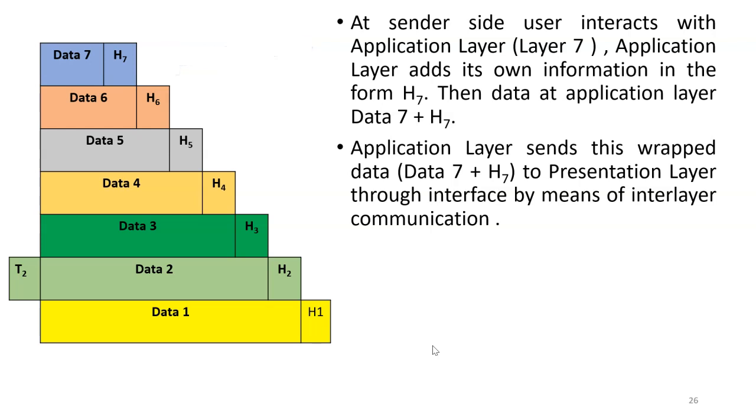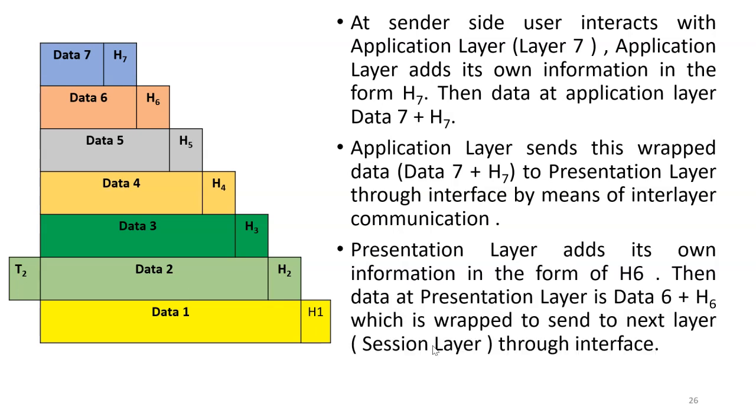Now the application layer wraps this data, that is data 7 and H7, and sends this wrapped data to the lower layer, that is the presentation layer, through the interface between the application layer and the presentation layer by means of interlayer communication. Interlayer communication is basically communication between two adjacent layers within the same system, as we have seen in the previous videos.